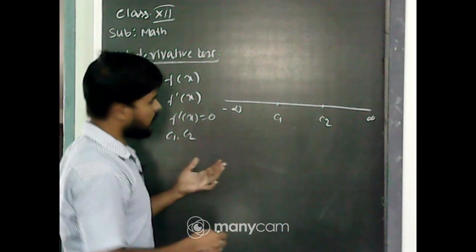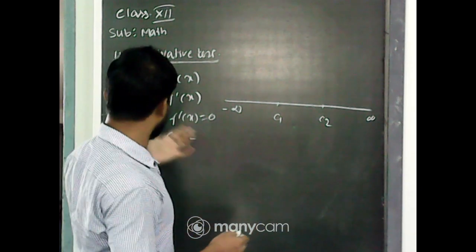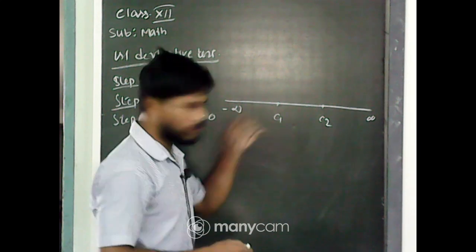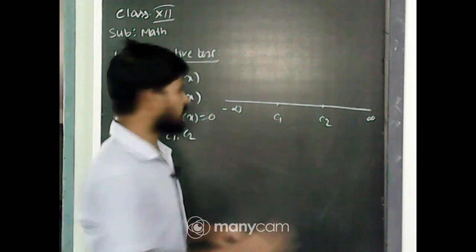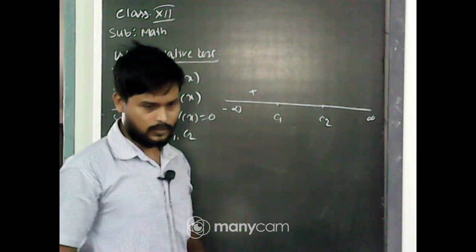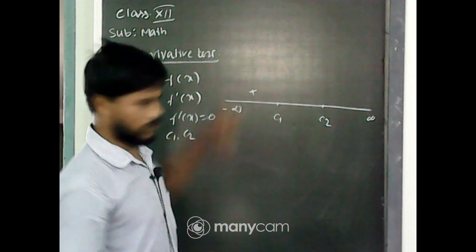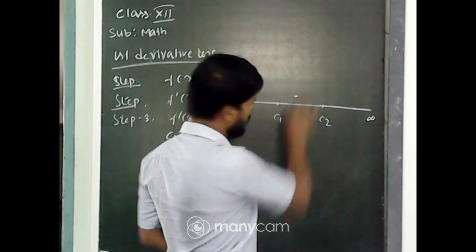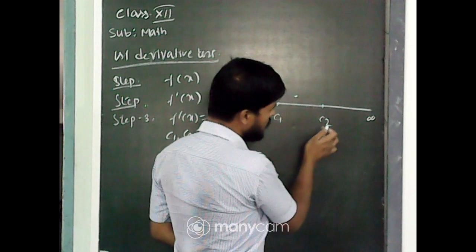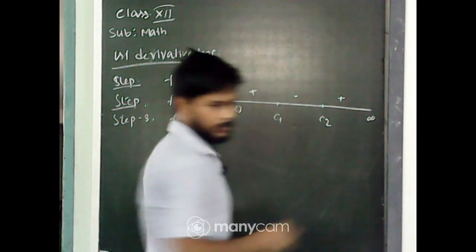Now calculate the sign of f dot x in the sub interval minus infinity to c1. Let us consider it is positive. It may be negative, depending on your question, but we consider this positive and this negative, and the sign of f dot x in the interval c2 to infinity is again positive.